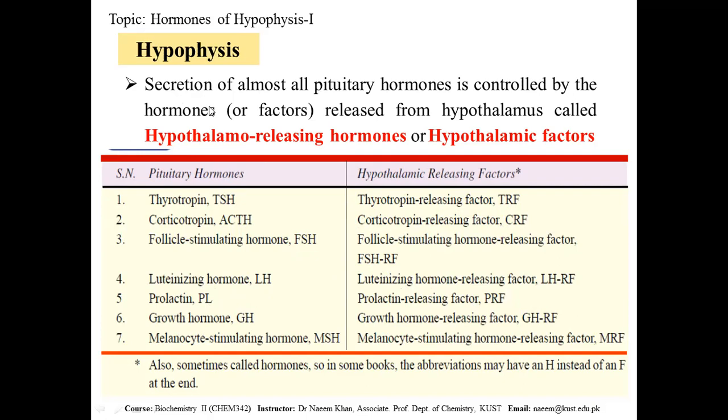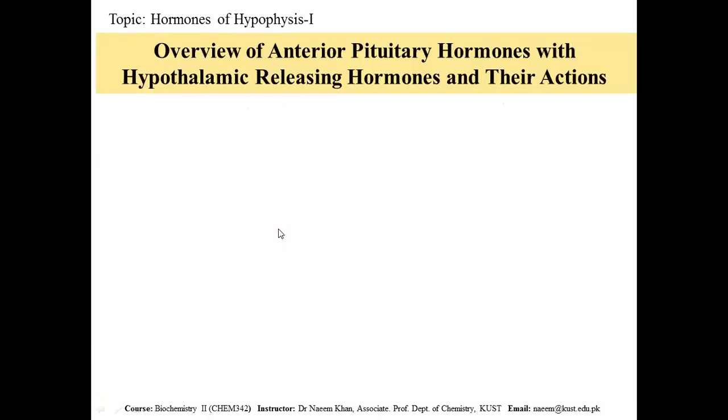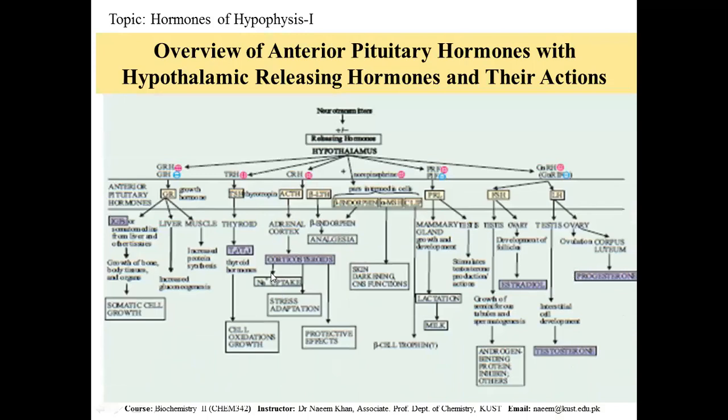So, the first three lines: secretion of almost all the hypophysis hormones is controlled by releasing factors from the hypothalamus, and they are called hypothalamic factors or hypothalamo-releasing hormones. Here we can see an overview of the overall hormones and the control of the hypothalamic factors.